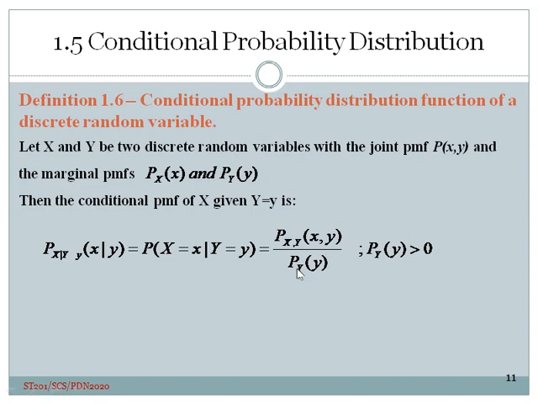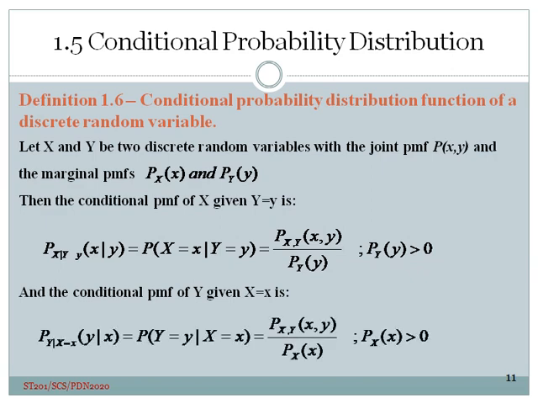The given condition is the probability of y. Similarly, the conditional PMF of y given x equals a certain value x can be obtained by dividing the joint PMF over the given value, that is px. In both situations, the denominator should exceed 0 to avoid any divisions by zeros.